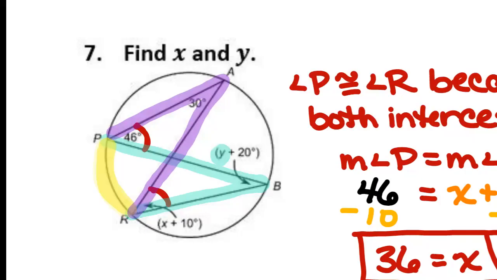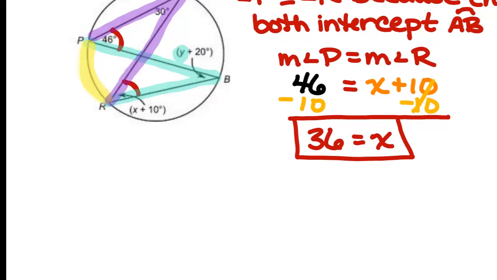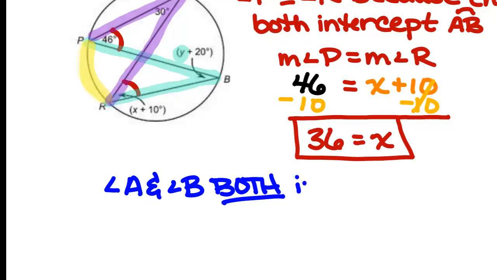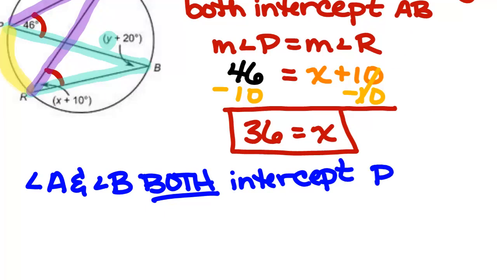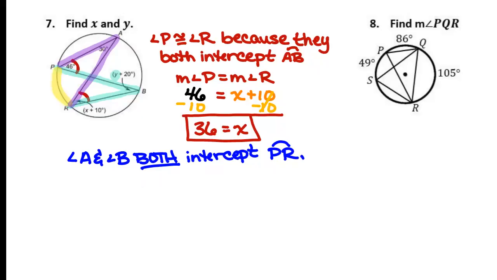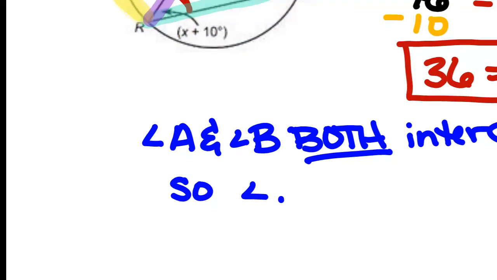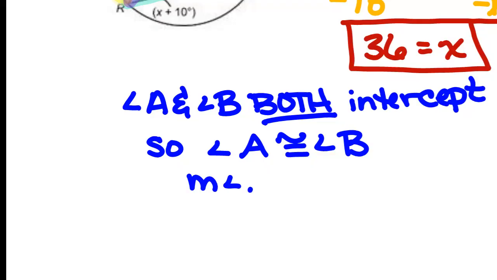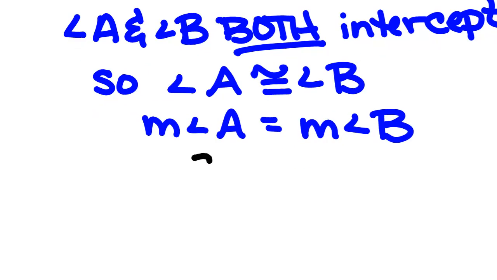So what does that mean about angles A and B? They are congruent. Angle A and angle B both intercept arc PR. So angle A is congruent to angle B, which means the measurement of angle A is equal to the measurement of angle B. What do we have for the measurement of angle A? 30.